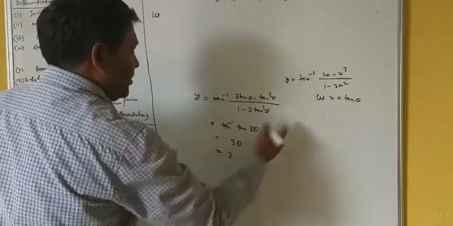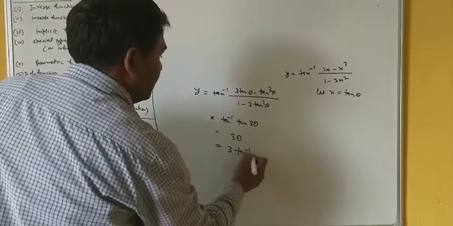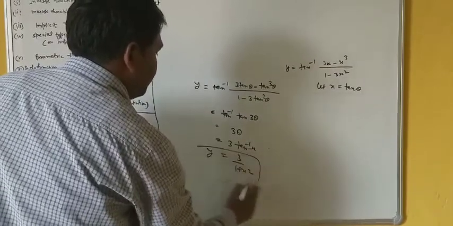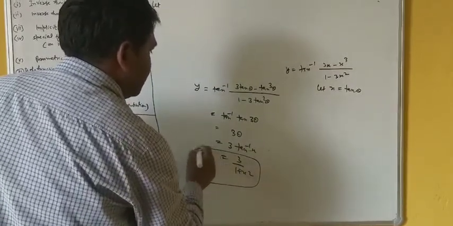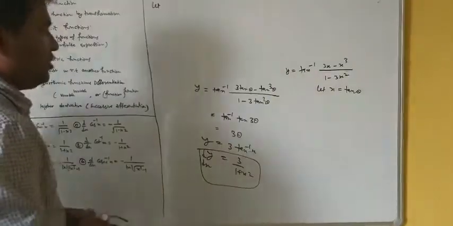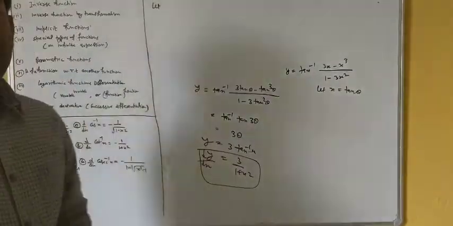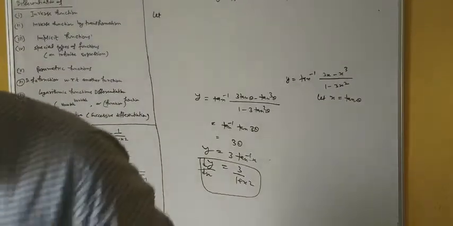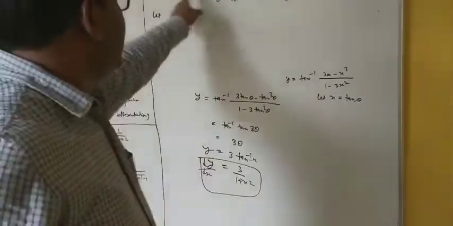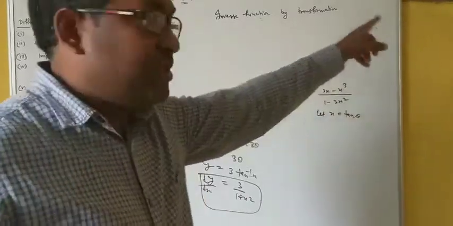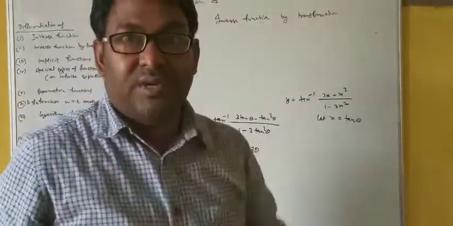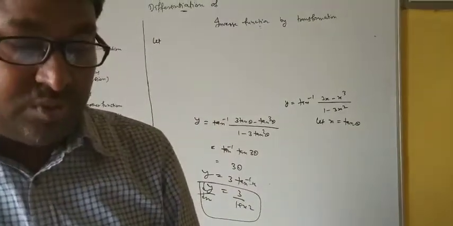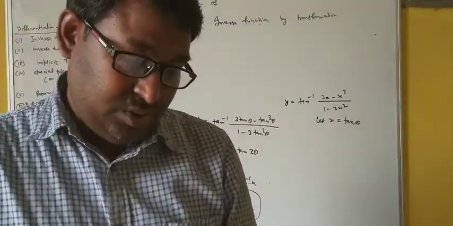And again theta is tan inverse x, so this is 3 upon 1 plus x square. Sorry, dy by dx, here y. So dy by dx is 3 upon 1 plus x square. In this way, you can replace. So first of all, to solve differentiation of inverse functions by transformation, you need to learn all trigonometric formulae. Then only you can replace and solve all the questions of exercise 8G.